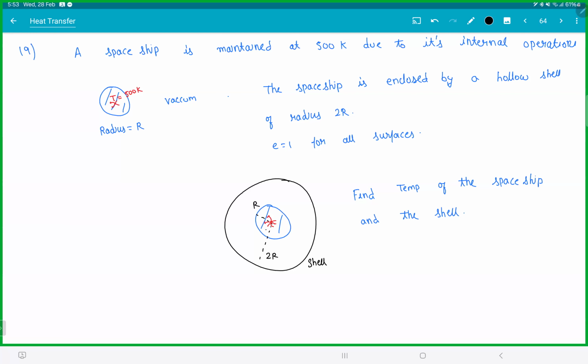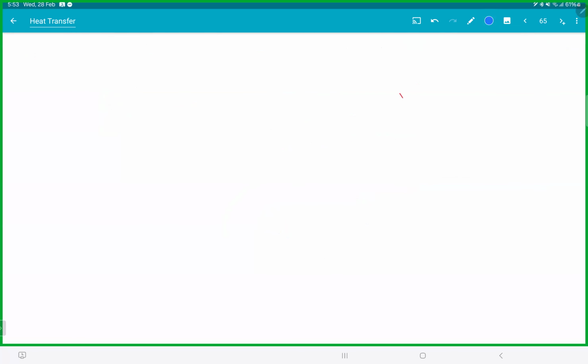See, first thing, before covering with the shell, someone got 866. It should be less than 500. This is before.